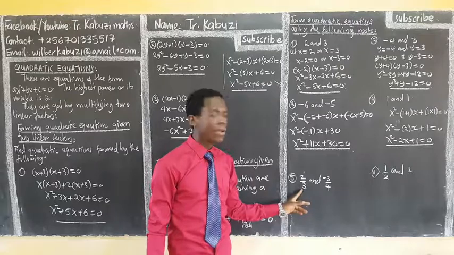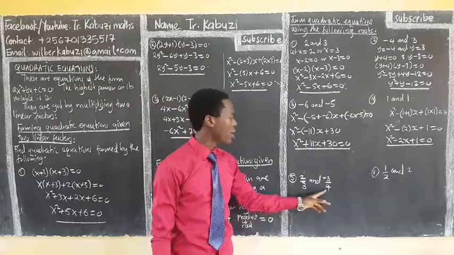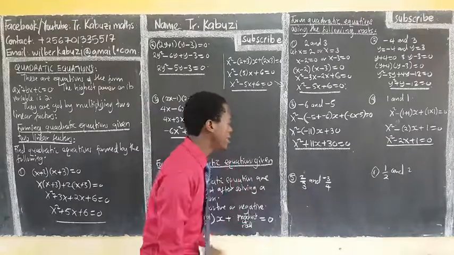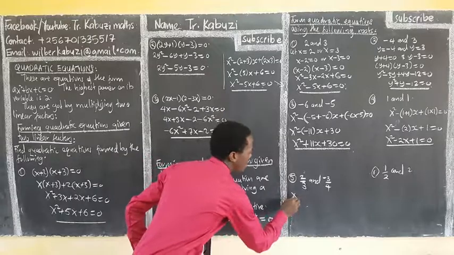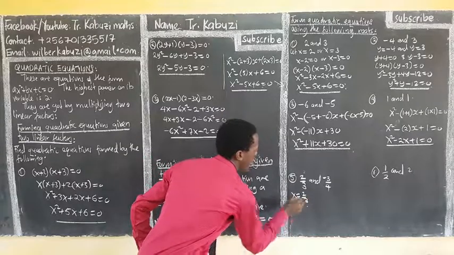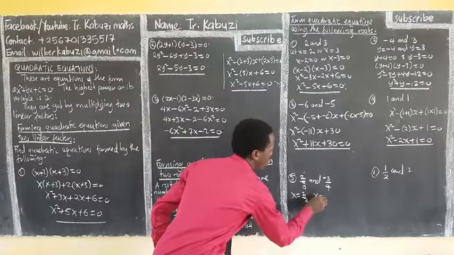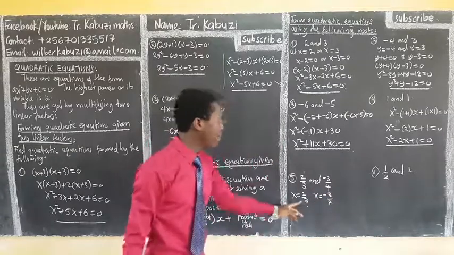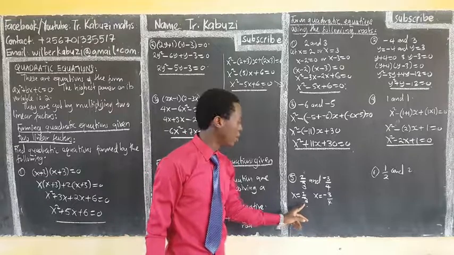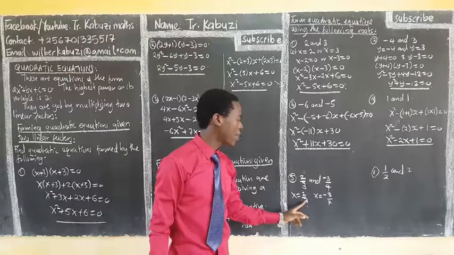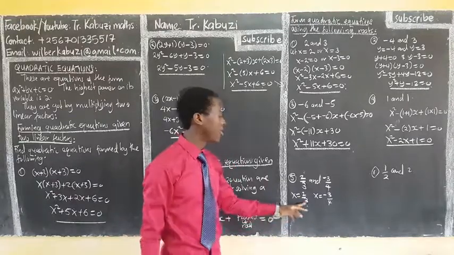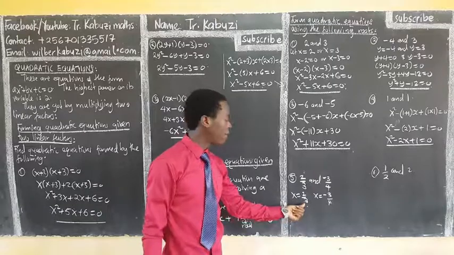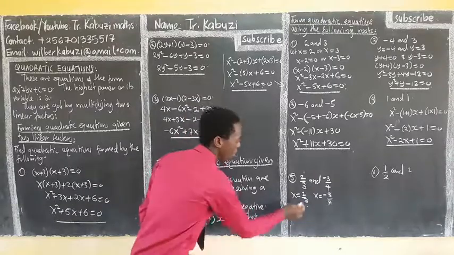Here now, when we have fractions, you always first remove these fractions. So you say, you let our x be 2 over 3, and let our x be negative 3 over 4. Now don't take them if they have a fraction. What you do, you first cross multiply so that you remove these fractions. Don't ever take it this side. You first cross multiply so that you remove this fraction.